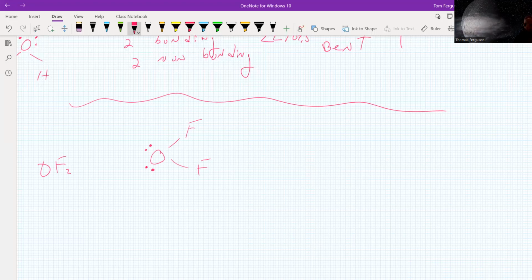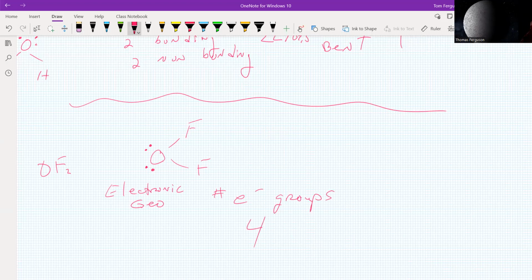All right, so electronic geometry, what would that be? How many electron groups? We have 4. That means the electronic geometry is going to be tetrahedral.